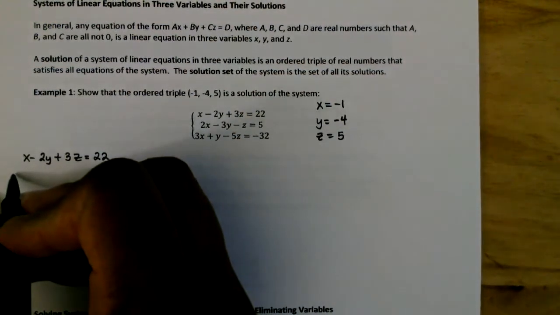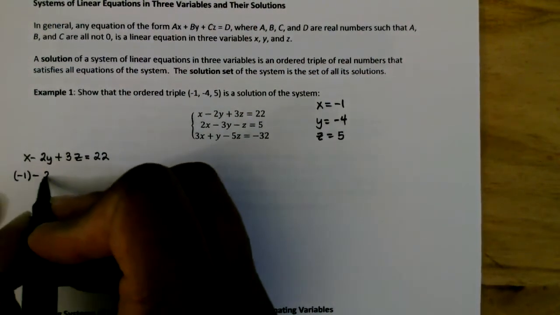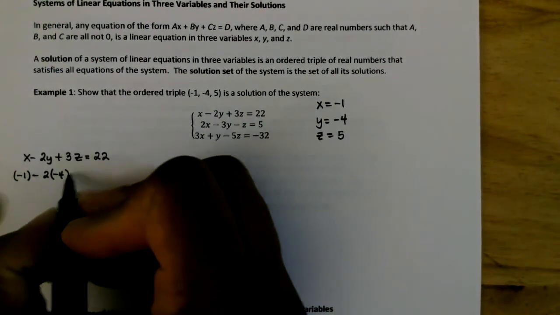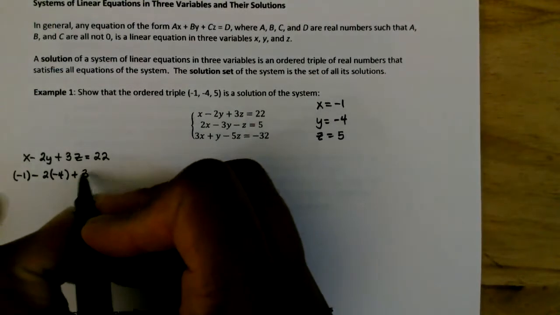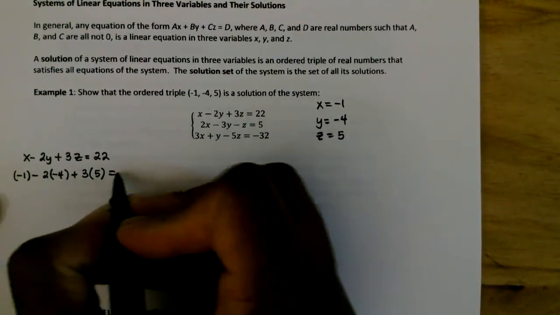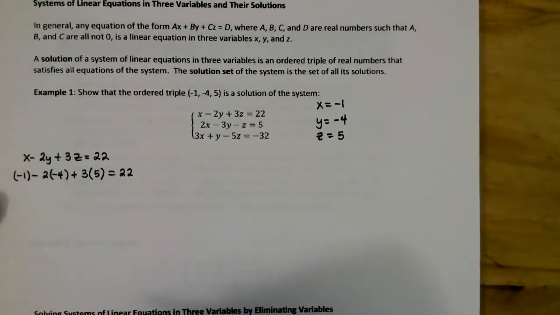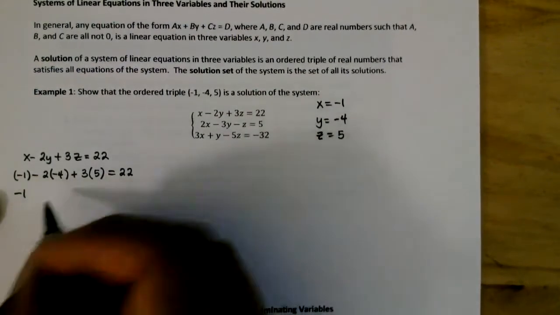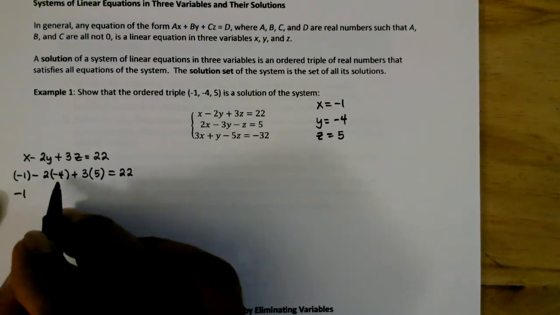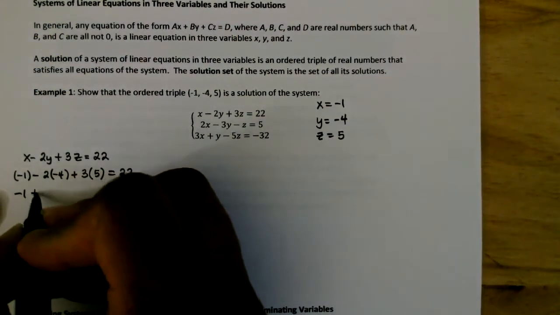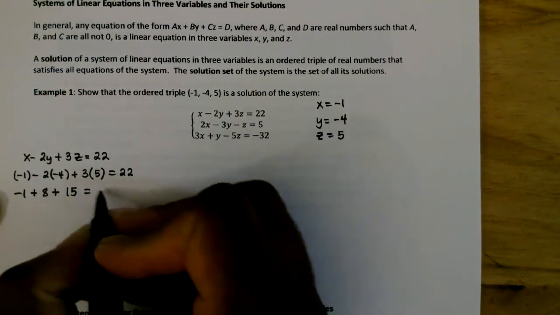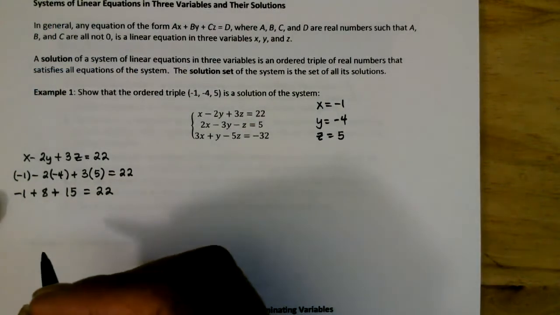We replace x with -1, minus 2 times the y, which is being replaced with -4, plus 3 times z, which is 5. I want to know if that left side, if I simplify it, equals 22. So the -1, I just removed it out of the parentheses. Minus 2 times the -4 will be a plus 8. And then plus 3 times 5, which is 15. I want to know if that's equal to 22.